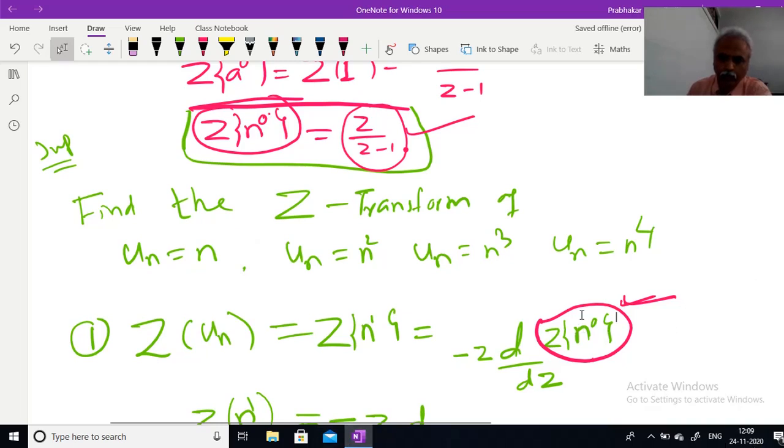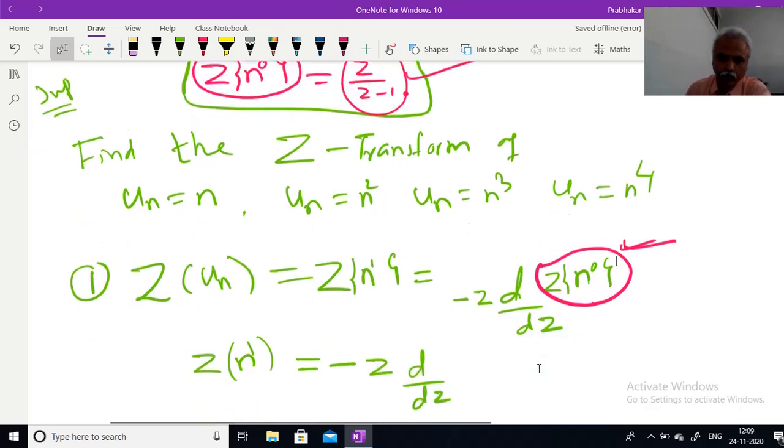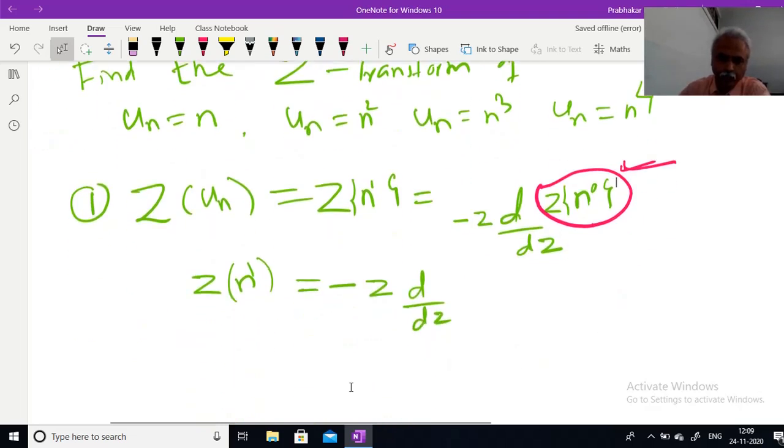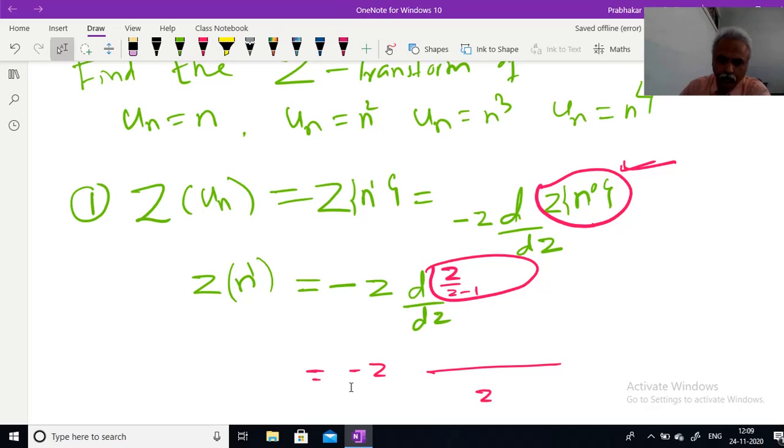So this is equal to minus z times, by the quotient rule, z minus 1 whole square in the denominator, z minus 1 as it is, differentiation of z with respect to z is 1, minus z into again differentiation of z minus 1, which is 1.